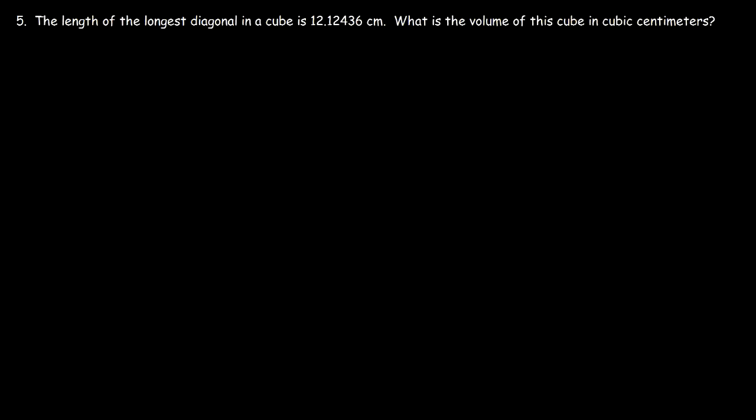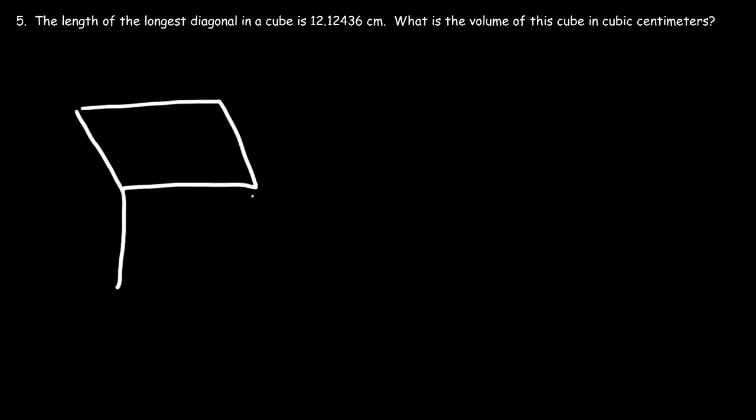What about this problem? The length of the longest diagonal in the cube is 12.12436 centimeters. What is the volume of this cube in cubic centimeters? So if we're given the diagonal length of a cube, the longest diagonal, how can we use that to calculate the volume of a cube?